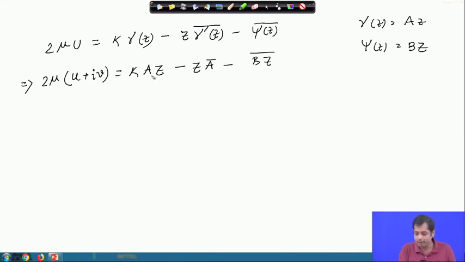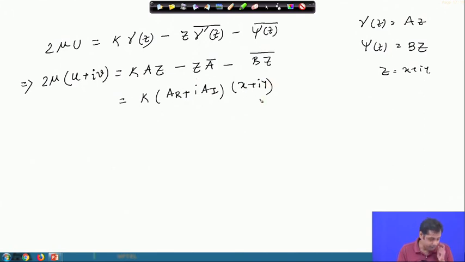So, if you write a in terms of a bar and b bar, so essentially if you write z equal to x plus i y, then eventually what you have is, just I am writing the expression, you can check it, a r plus i into a i, this is a written, and then z becomes x plus i y. So, this is the first expression, and then the second expression becomes minus x plus i y is z, and then a bar is a r minus i into a imaginary.